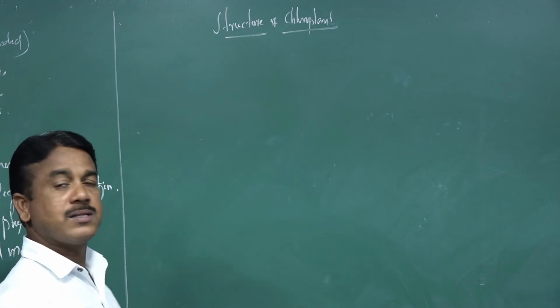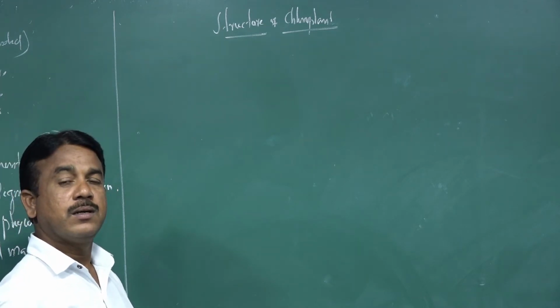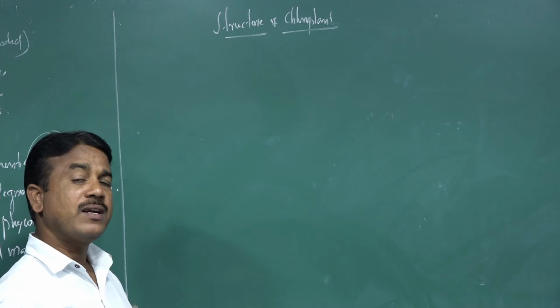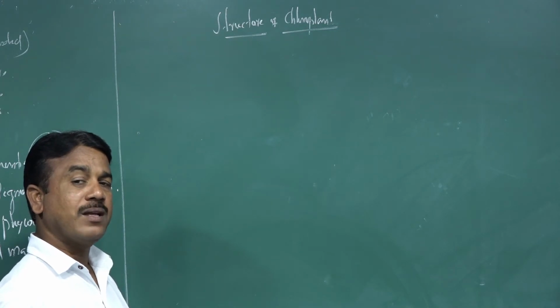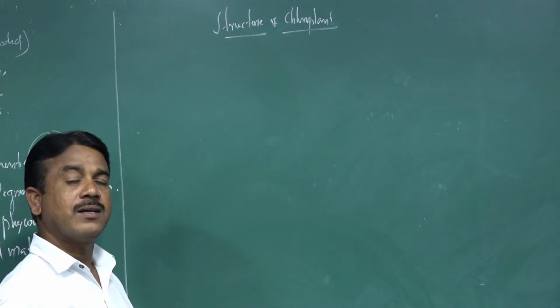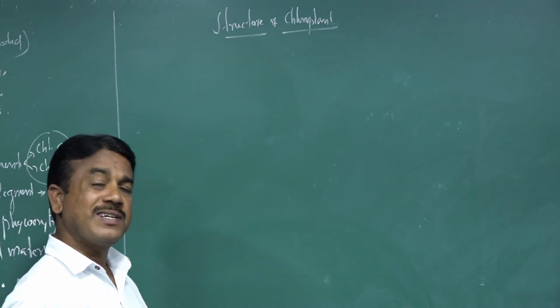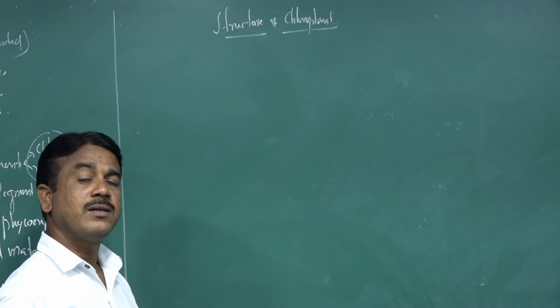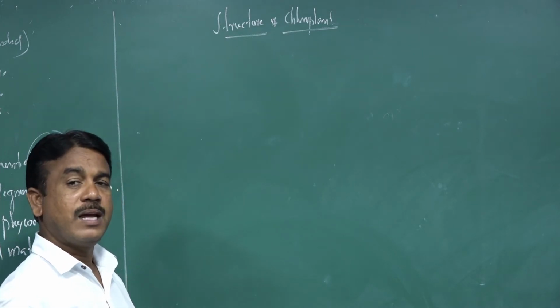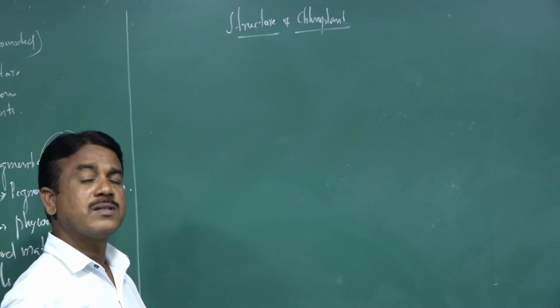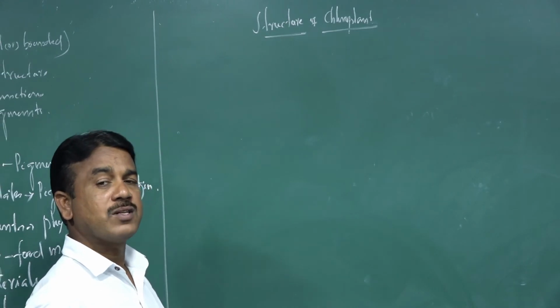Among the different organelles found in the plant cell, it is the second largest organelle in the plant cell. The first largest organelle is commonly called the mitochondria, and then chloroplast is the second largest.